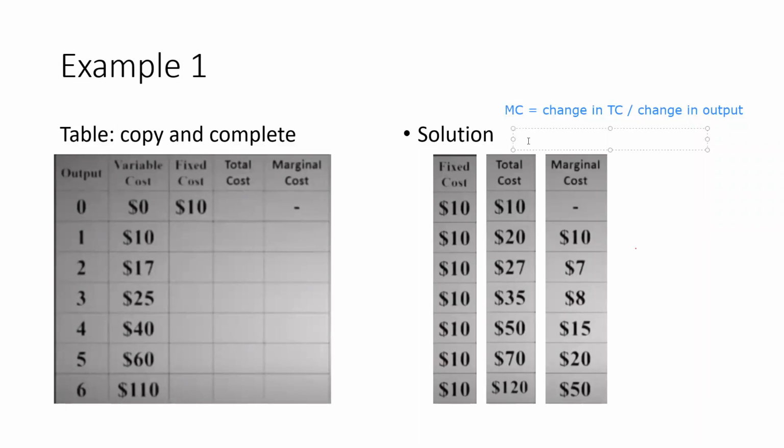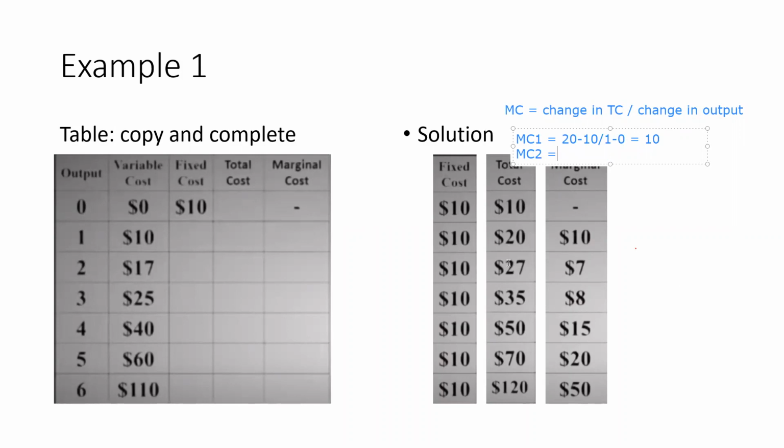So MC2 will be equal to 20 minus 10 divided by the output. For the first one we have 0, for the second one we have 1. That will be 1 minus 0, and that will give us 10. So MC2 is done with this 20 minus 10.